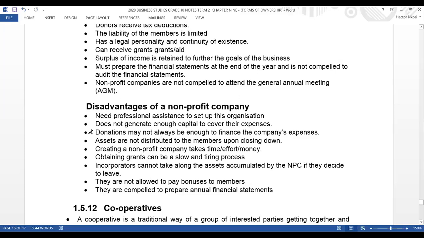As this second line says, donations may not always be enough to finance the company's expenses. So sometimes you can have the money to go help the needy people, but you as a company can't pay for your water and electricity. You can't pay for the maintenance of the building where you are working.